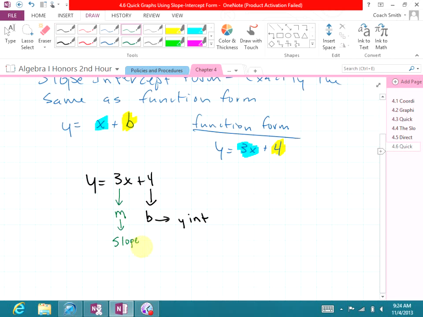So the number in front of the variable is always the slope. So the slope of this equation is 3. The y-intercept of this equation is 4. What they're going to want you to do is use that information and graph it. So in this problem, m is equal to 3 and b is equal to 4. And as I stated, m is the slope, b is the y-intercept.